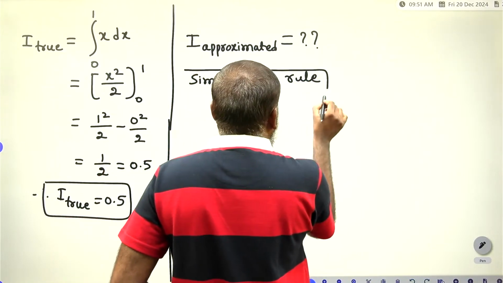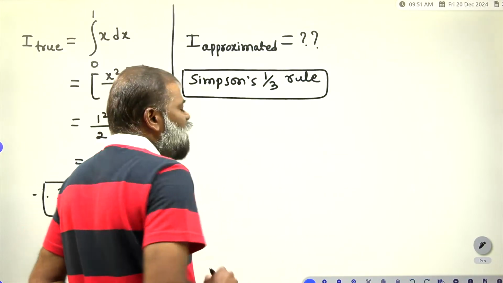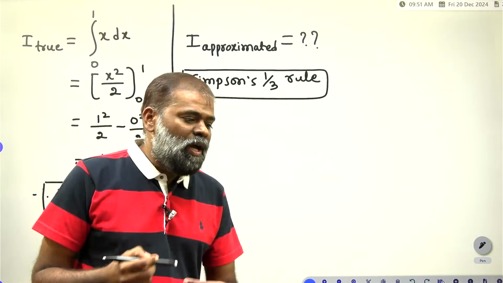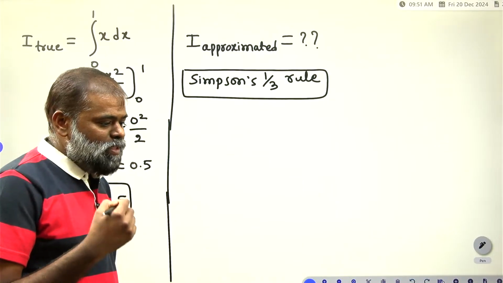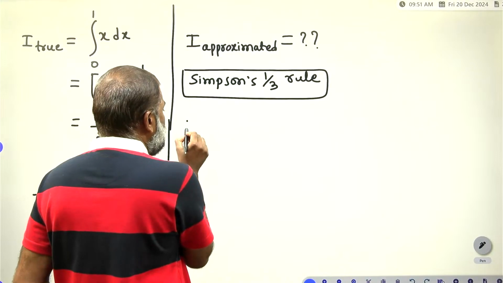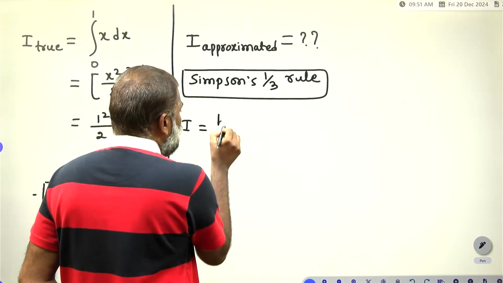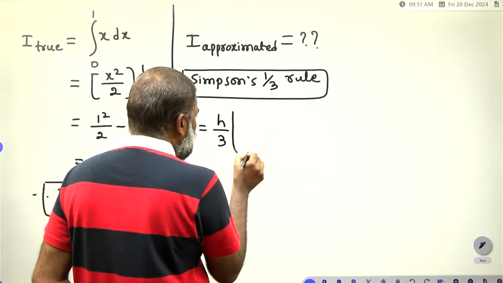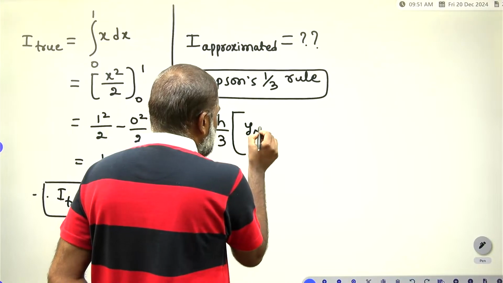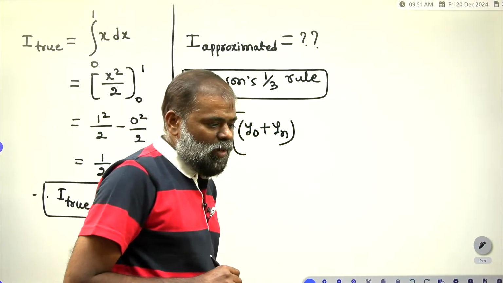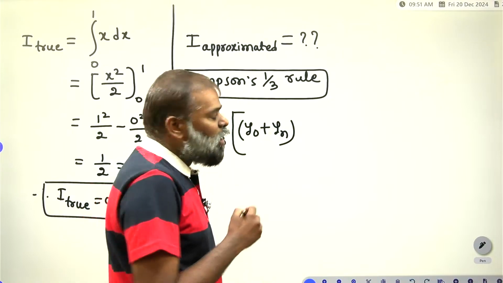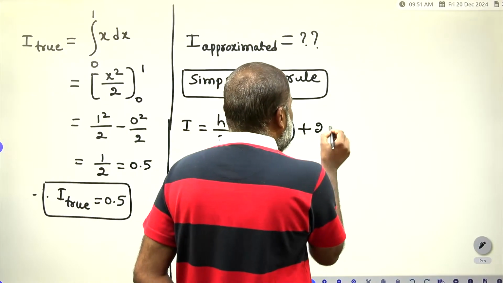In the general quadrature principle, if you keep n equal to 2, you will get the Simpson's 1/3 rule. So what is the Simpson's 1/3 rule? I is equal to h by 3 into [y0 first term, yn last term], plus 2 into even terms.